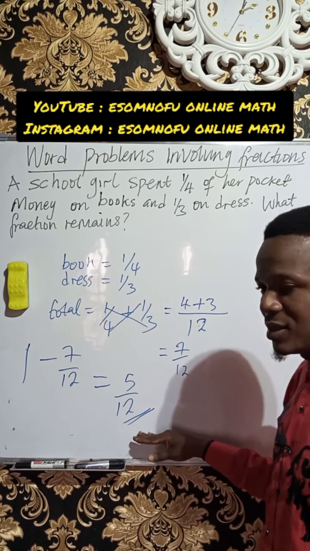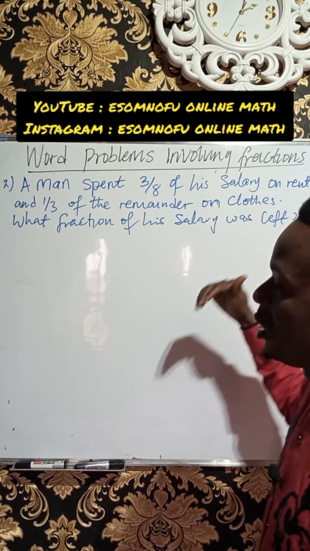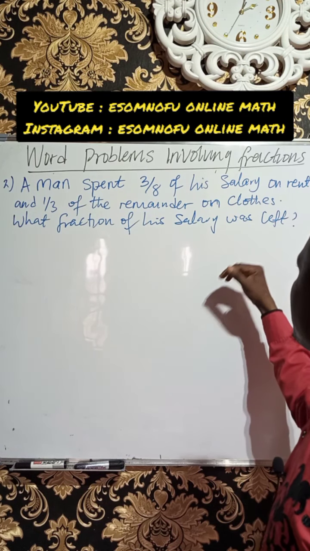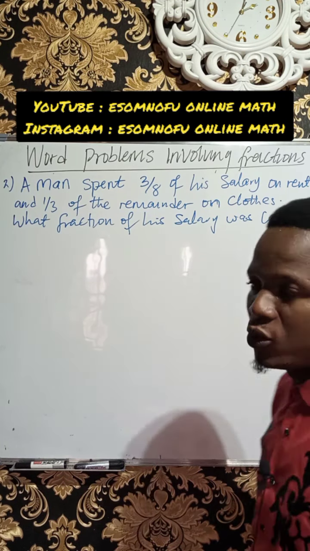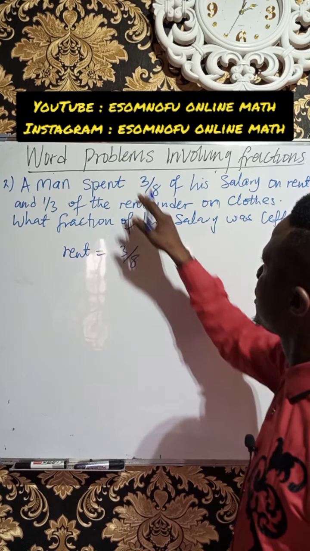In the second question, it says that a man spent 3/8 of his salary on rent and 1/3 of the remainder on clothes. What fraction of his salary was left? First of all, for rent, the man spent 3/8. Then let us find the remainder.